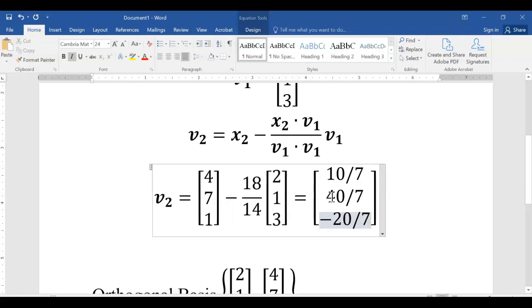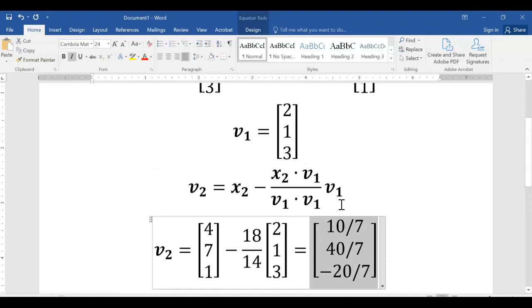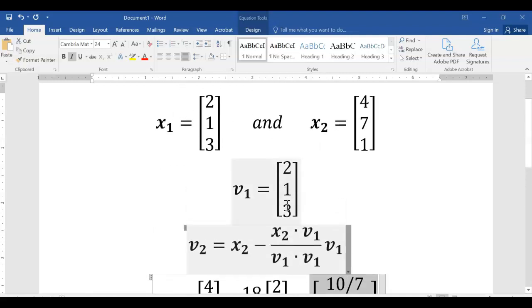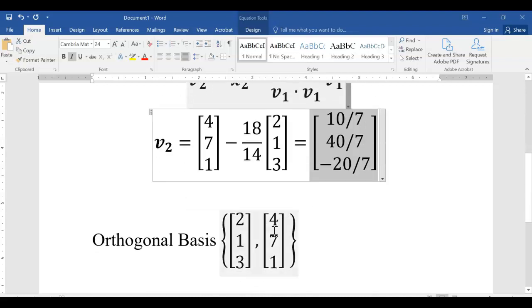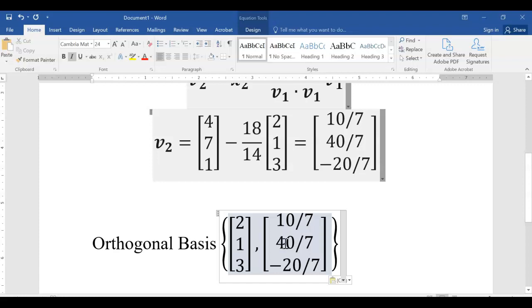All right. So my two vectors in an orthogonal basis are going to be 2, 1, 3, and then 10 sevenths, 40 sevenths, negative 2 sevenths.